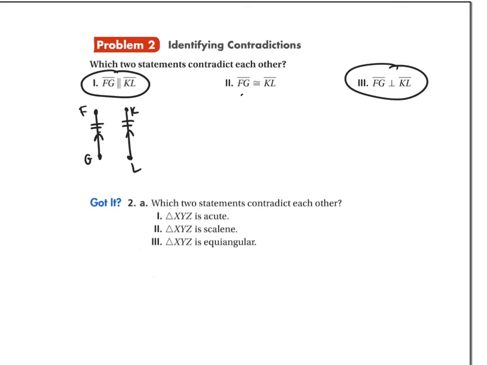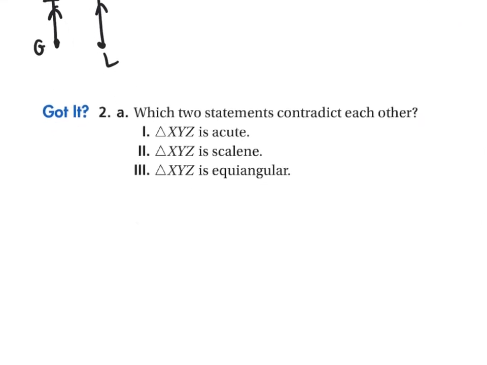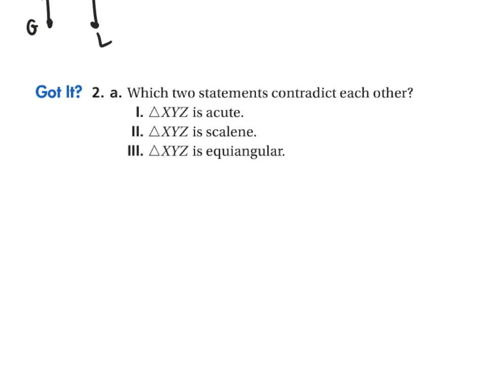Okay, so try this for the got it. Which two statements here contradict each other? The triangle is acute, the triangle is scalene, and the triangle is equiangular. Scalene means all three sides are different lengths.